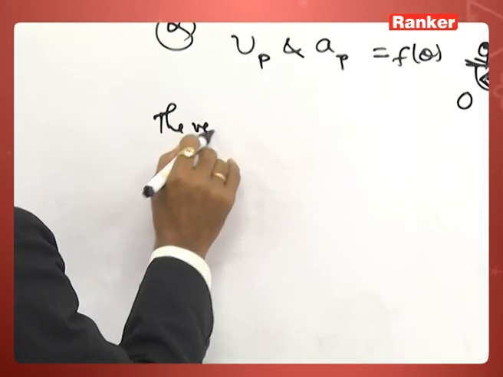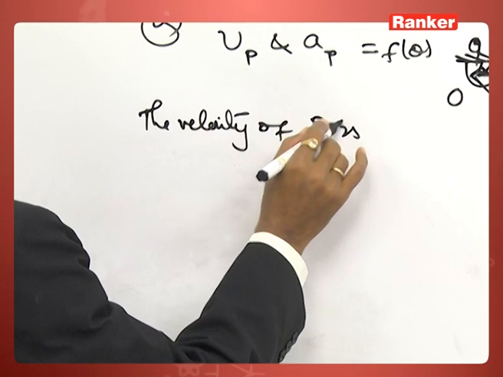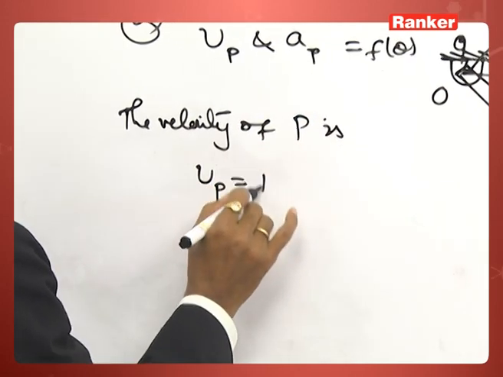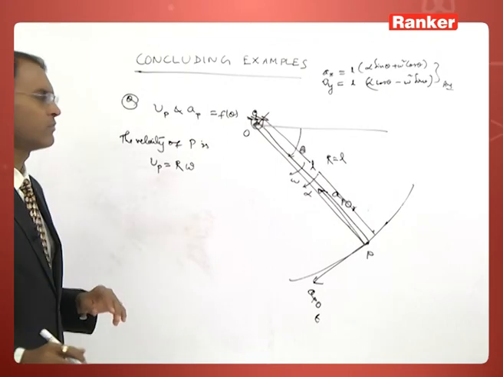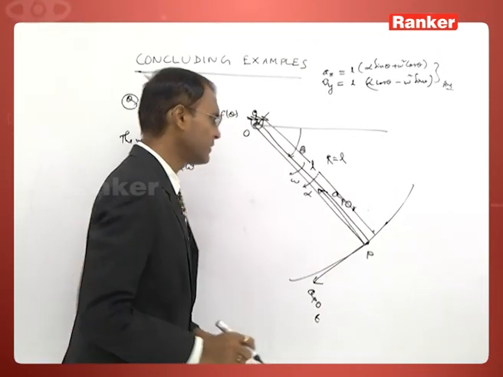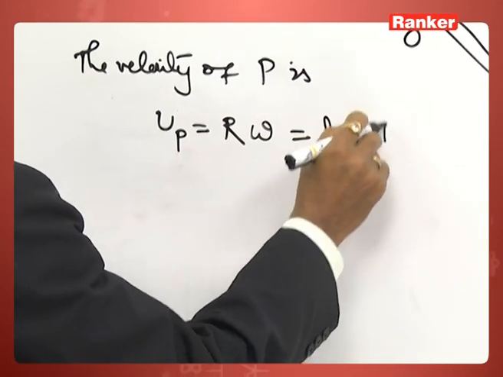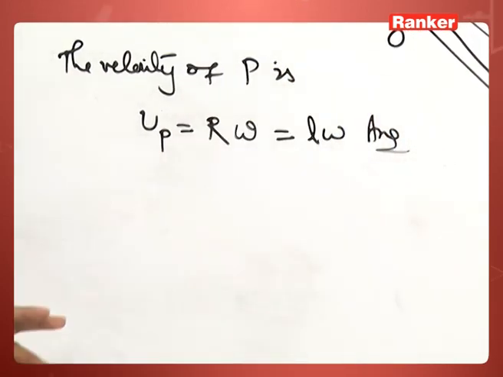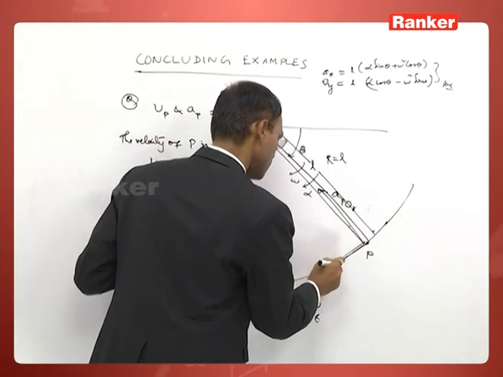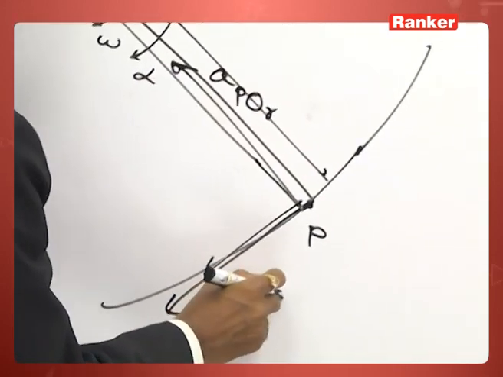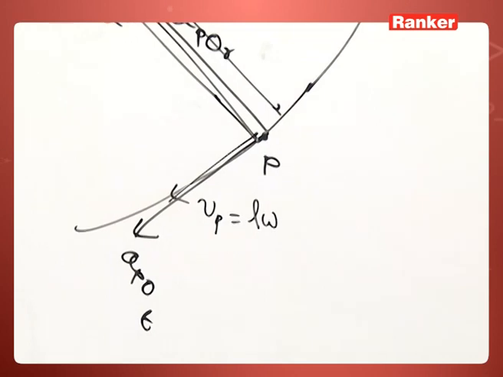The velocity of P is directly given as R into omega, because it is moving in a circular path, and R is equal to L. Therefore, the velocity of this point P, v_P is equal to L into omega. Answer. Directly you can get.